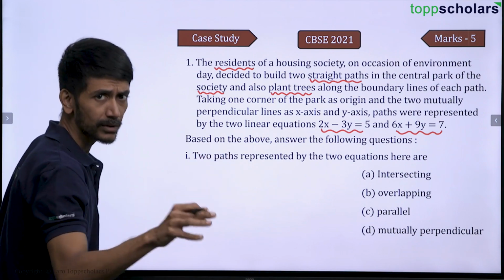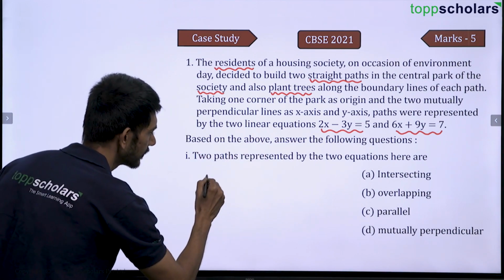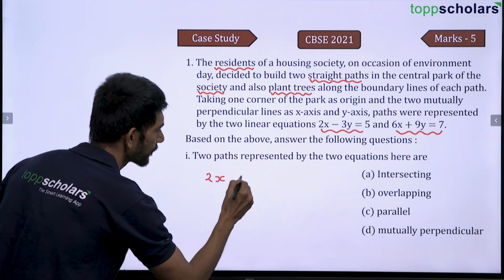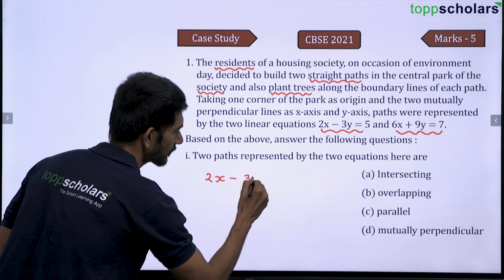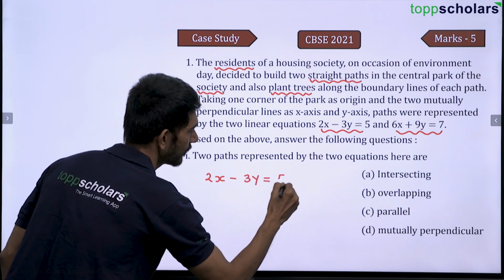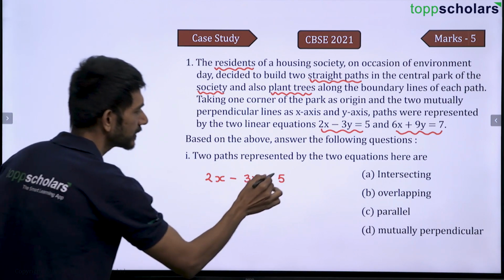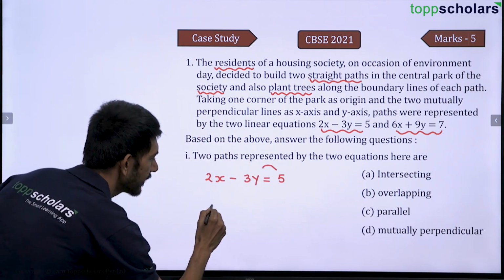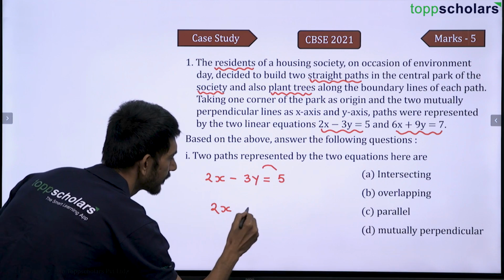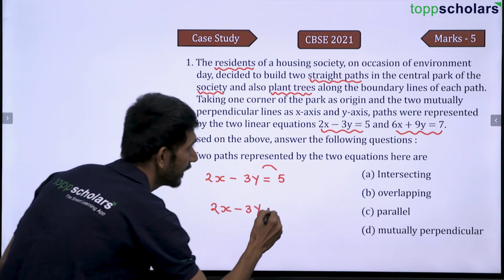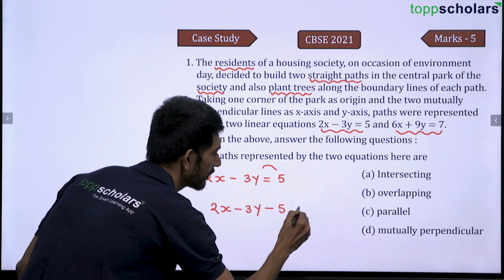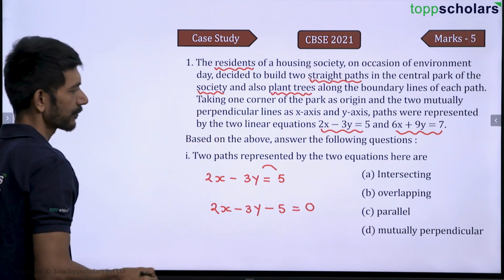First of all, let me write down the two equations here. The first is 2x minus 3y is equal to 5, right? So if I shift 5 to the left hand side, can I say I get 2x minus 3y minus 5 is equal to 0.